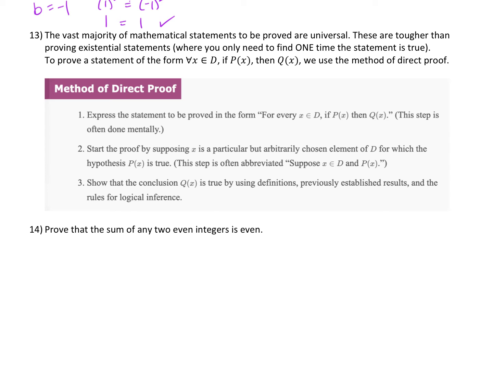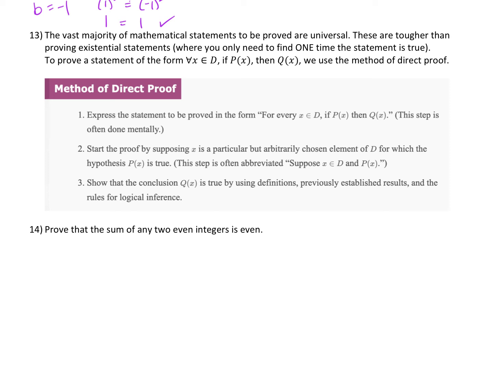So our method of direct proof consists of 3 steps. Express the statement to be proved in the form for every x in D, if P of x, then Q of x. This is often done mentally, but for these first few, I'll write it out. Consider this problem: we want to prove that the sum of any 2 even integers is even. The first step is to write this statement using more formal language.